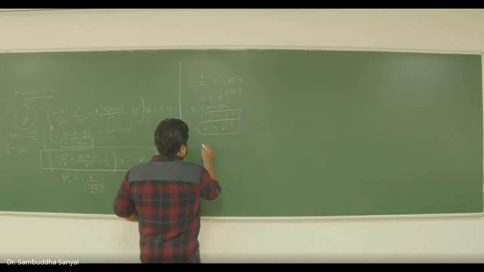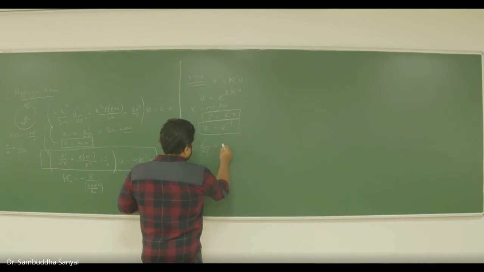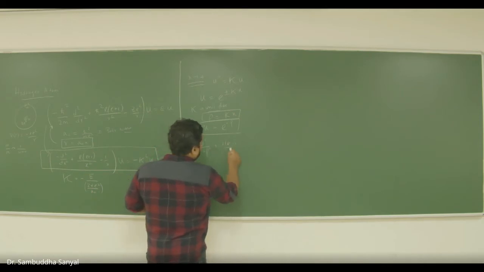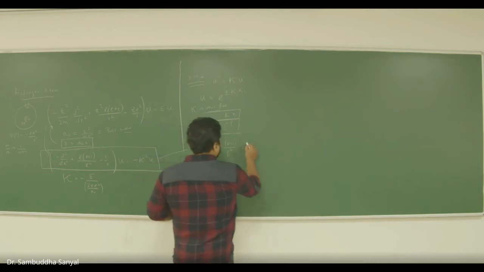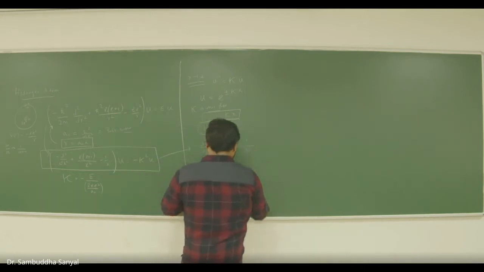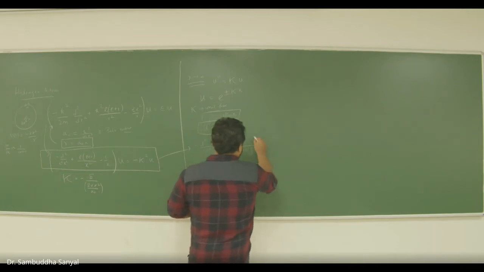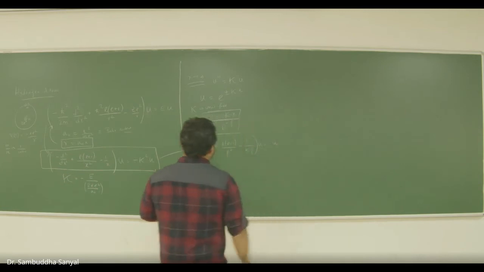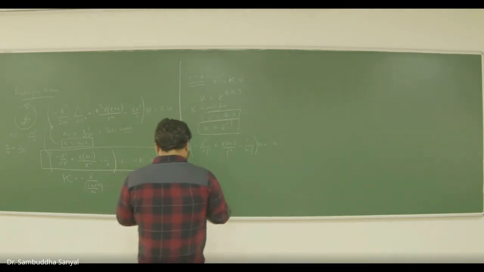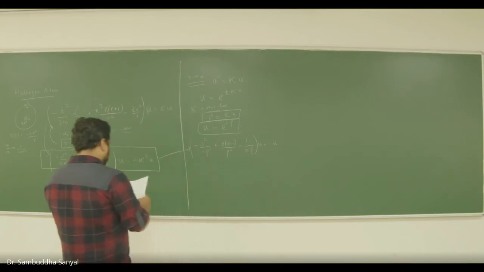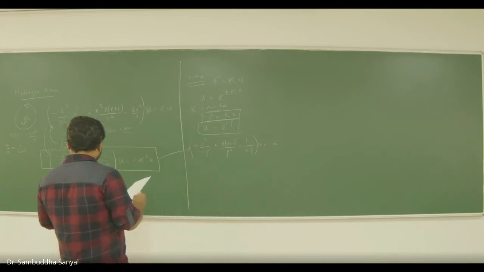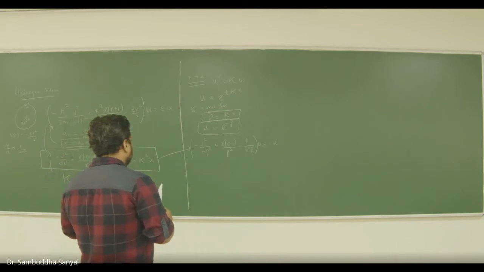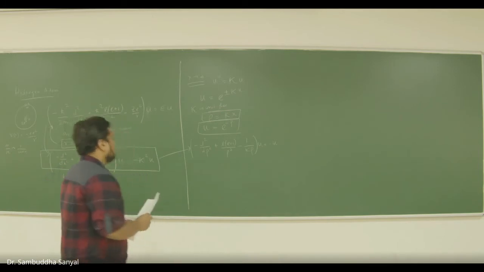So now this equation in terms of rho is d2 d rho 2 plus n into n plus 1 by rho square minus 1 by kappa rho, u equal to minus u.